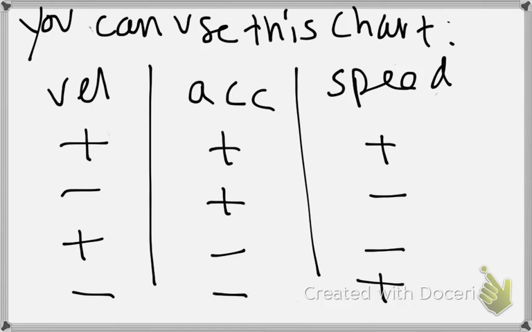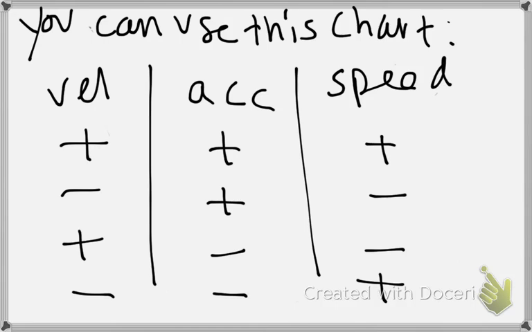If the velocity is negative and the acceleration is positive, then the speed is decreasing. If the velocity is positive and the acceleration is negative, then the speed is decreasing. And if the velocity and acceleration are both negative, then the speed is increasing.